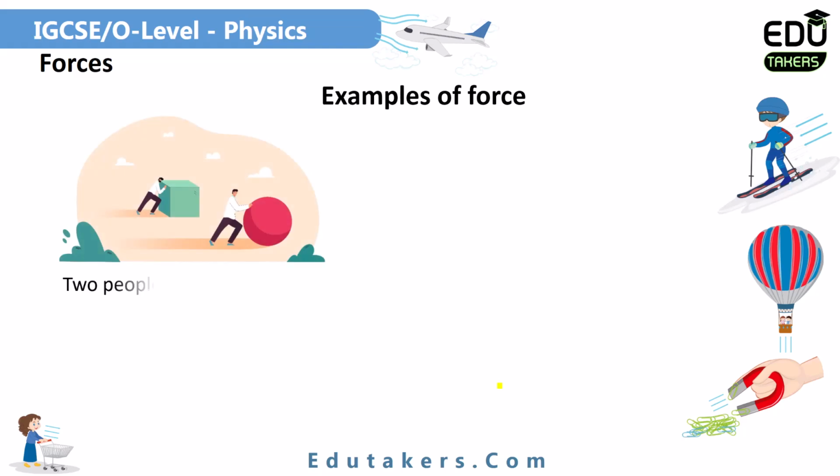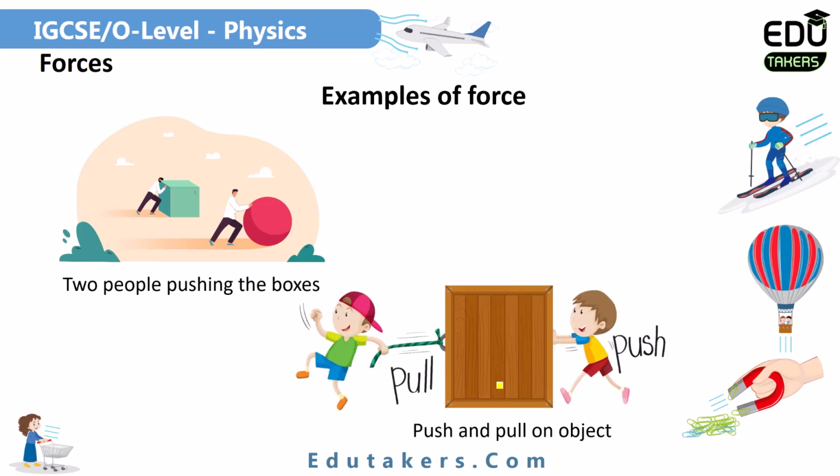Here are some examples of forces. You can see here two people pushing boxes. So the push of the box is basically a force. In this case, I can simply say that both of these people are applying a force on these boxes. Here are two kids that are pushing a block. So the push of the block is also a force.